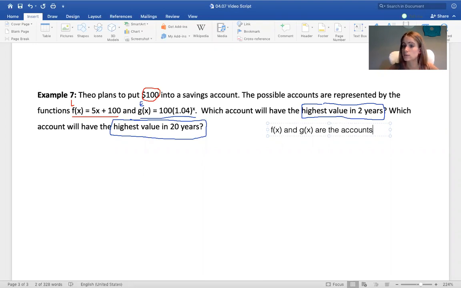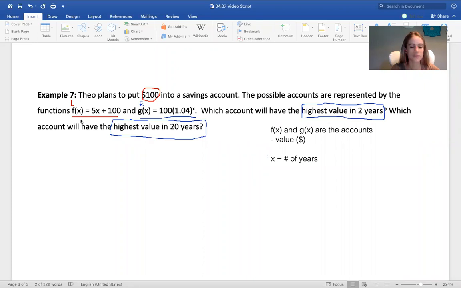And well, what's in an account? Money, right? So that's our value, our money. And then 2 years and 20 years. So therefore, x is equal to the number of years. All right, so what am I going to substitute 2 and 20 in for? My x's or my y values? So my f of x and g of x. Yep, my x's. All right, let's start off with 2 years.